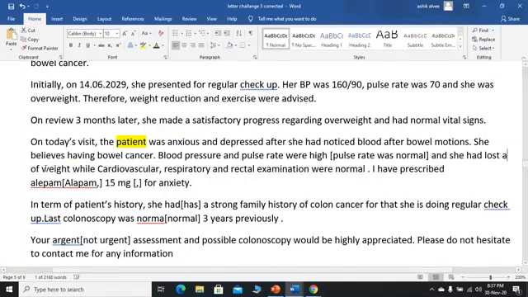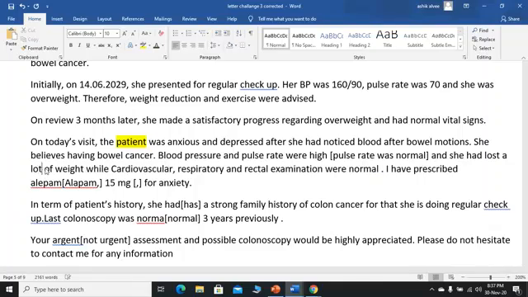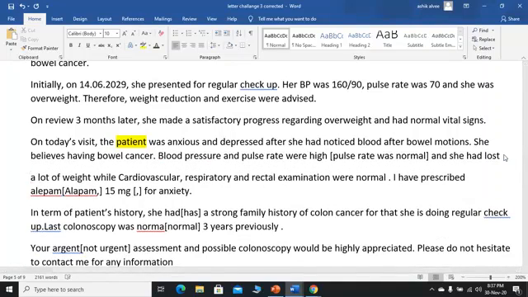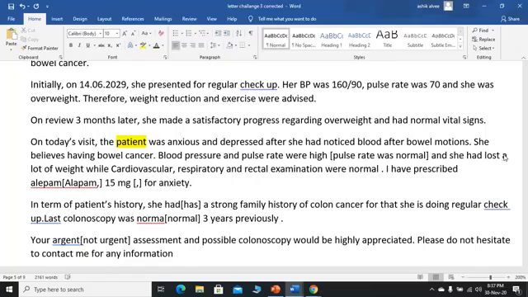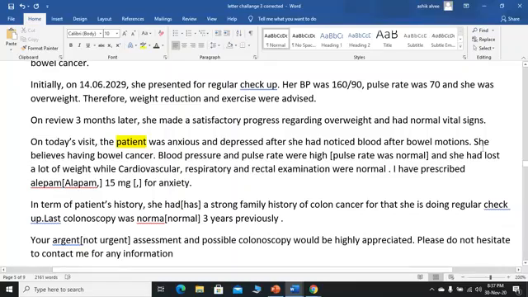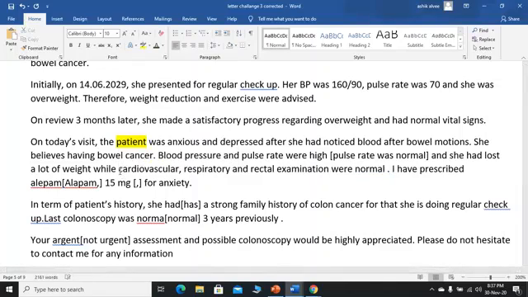If you write a lot of weight, then it is formal. So in the place of lots of weight, we write a lot of weight. "While Cardiovascular, respiratory", again, why are you using capital C here? You should use small c. Cardiovascular, respiratory, and rectal examination were normal.